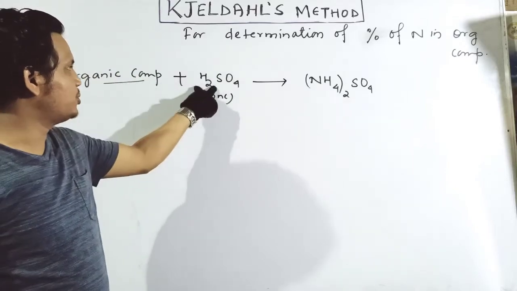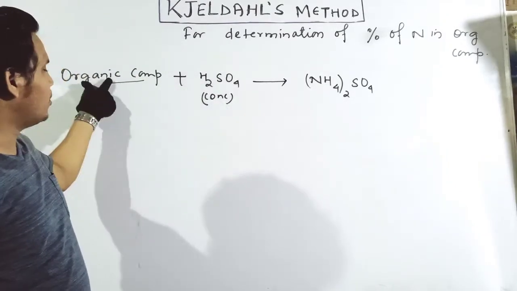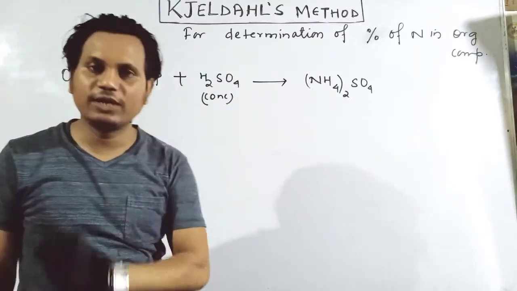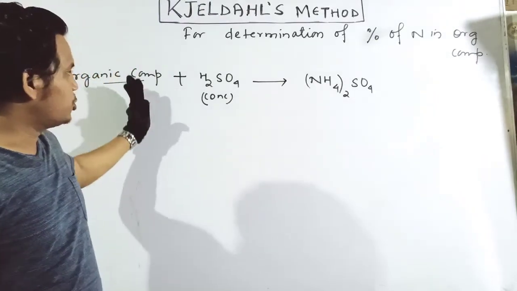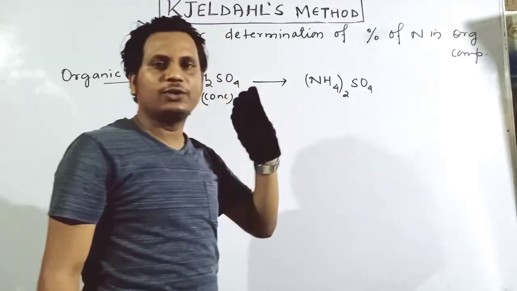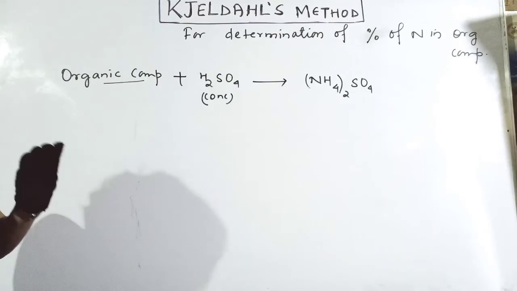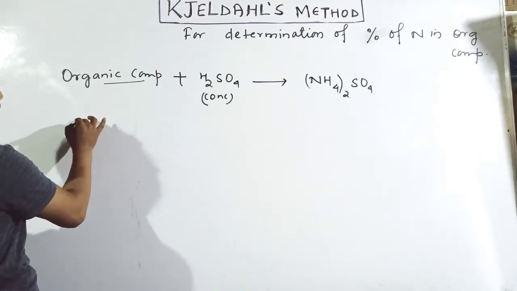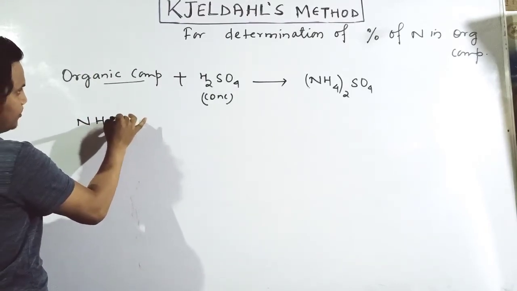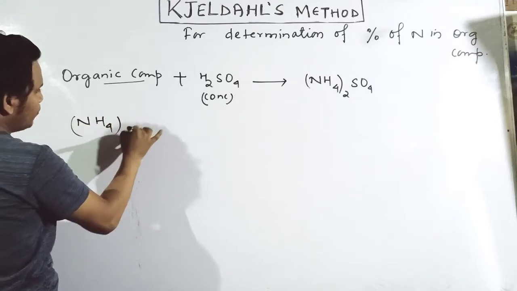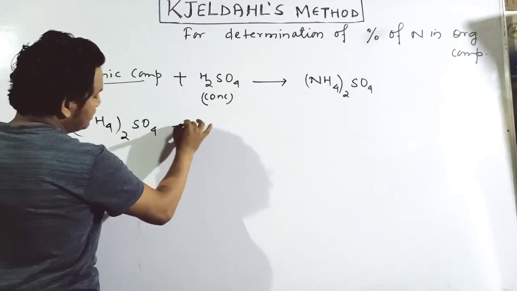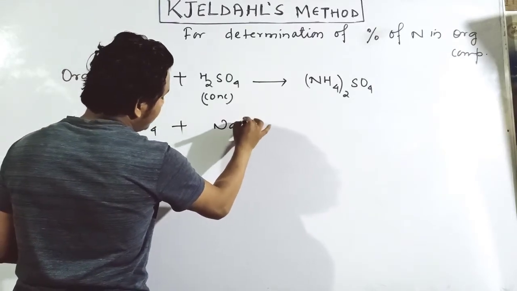Hydrogen is also present in the organic compound. So nitrogen is first converted to ammonium ion. Then the ammonium sulfate formed is treated with alkali.